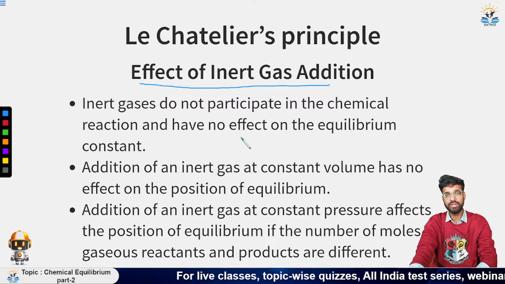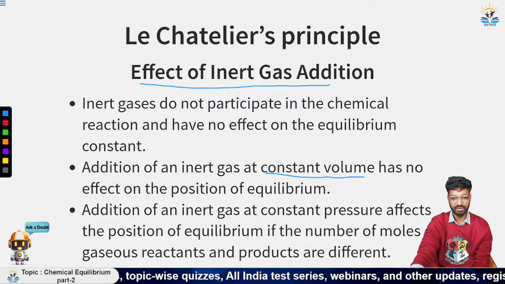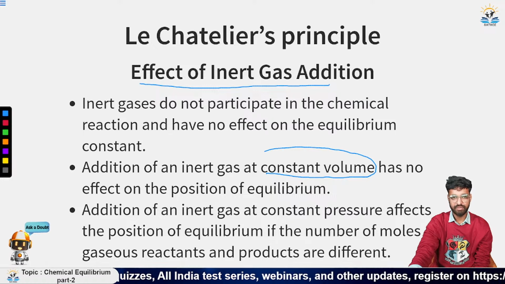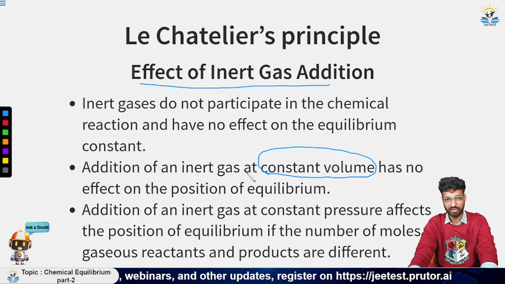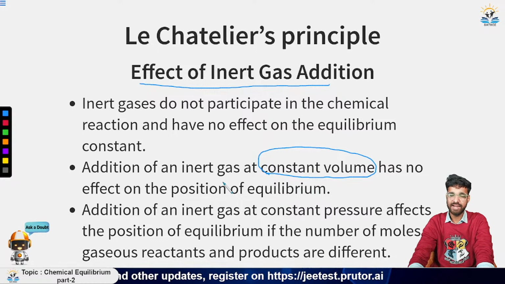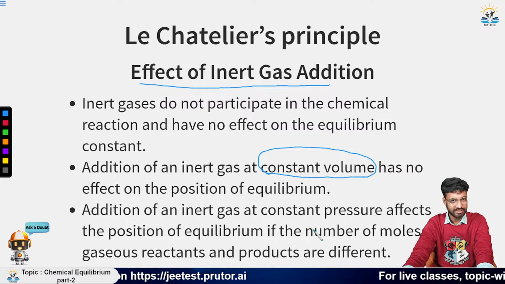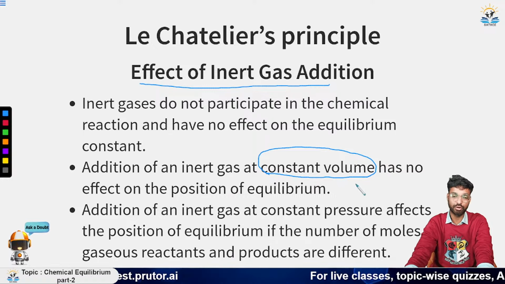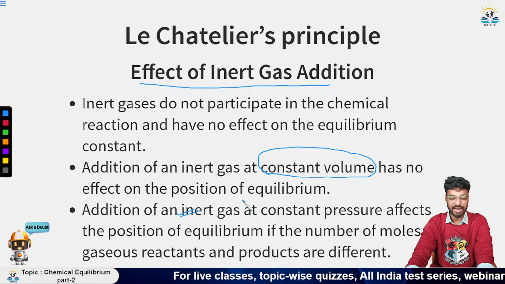So what we do is add an inert gas at constant volume. The condition is quite specified here, and you will see specified conditions like this in the coming questions also. So we are adding an inert gas at constant pressure. Now, addition of inert gas at constant volume does not have any effect on the reactant or product side.